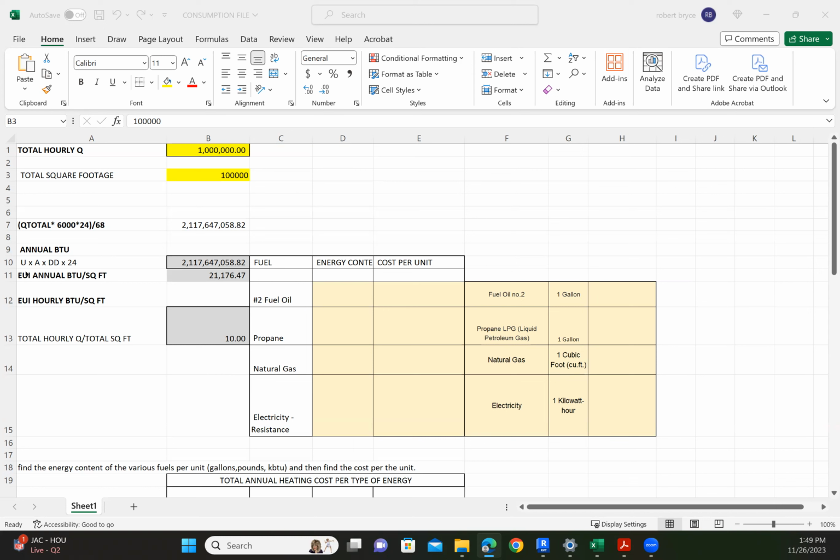Now, we also want to know what the annual BTU is so that we can figure out our annual fuel cost. The formula for that is U times A times degree days times 24.